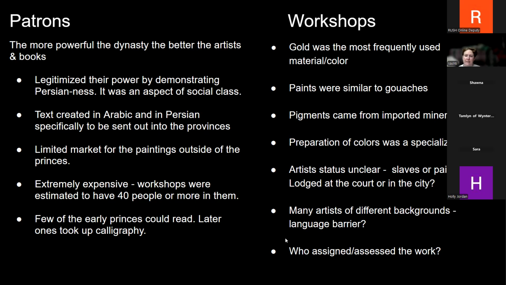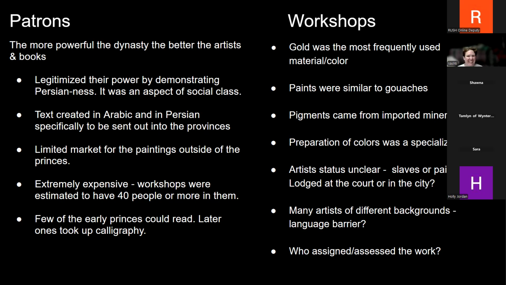Within the workshop, kind of speaking to some of the expense of this, gold is the most frequently used material. And it's not just a color, this is gold leaf coming from North Africa. So all of the yellow in some of these is very flat and distorted because of how they have to take the picture to get it to show up rather than just shining.